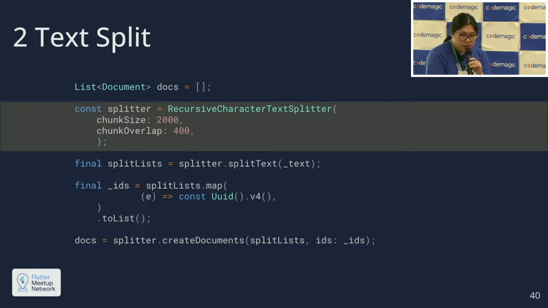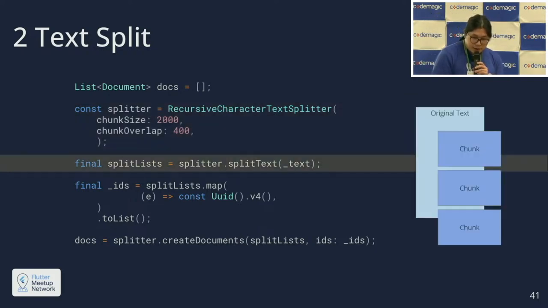I set the chunk size to 2000 and the overlap to 400. The default value is 4000, so you can adjust the size according to your document in future projects. This size can affect the output, so some tuning may be required.